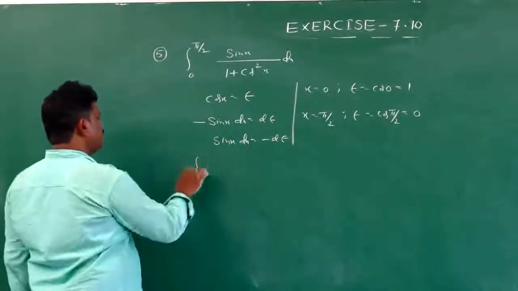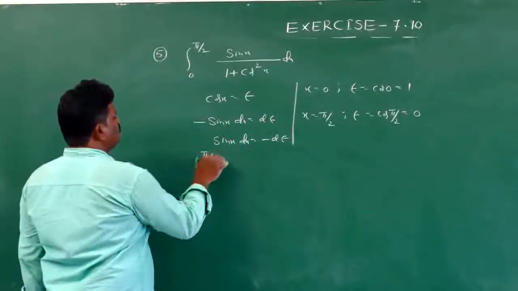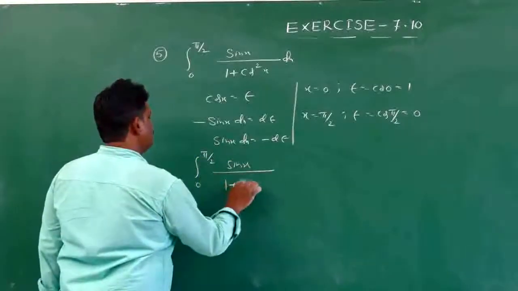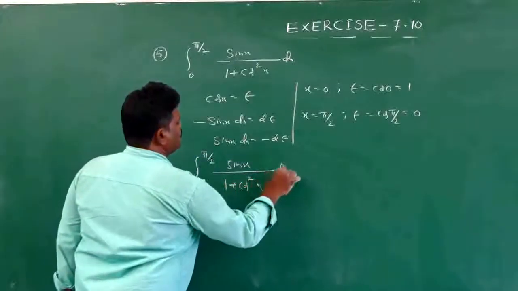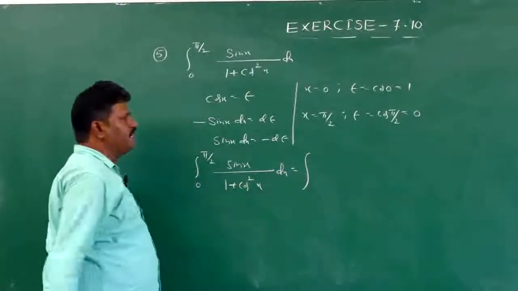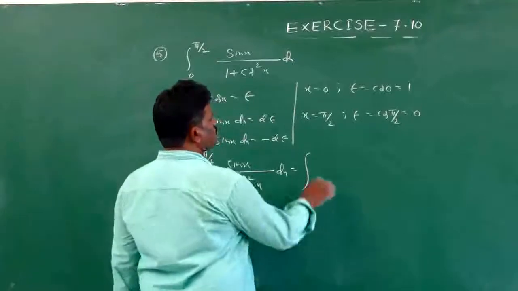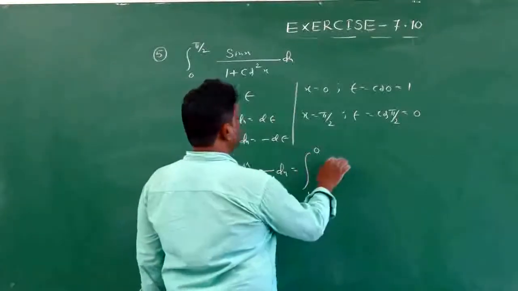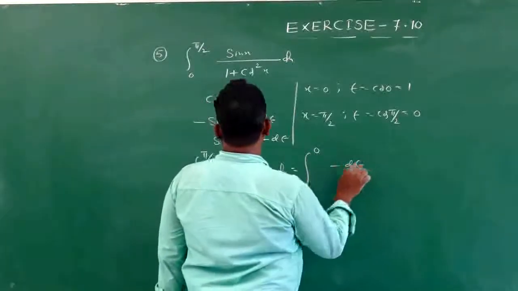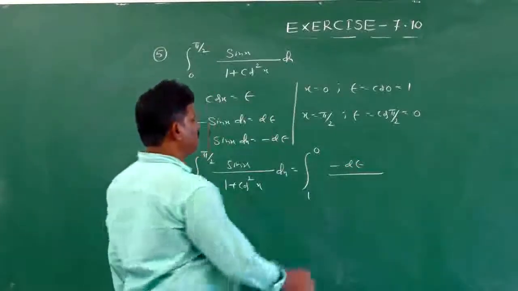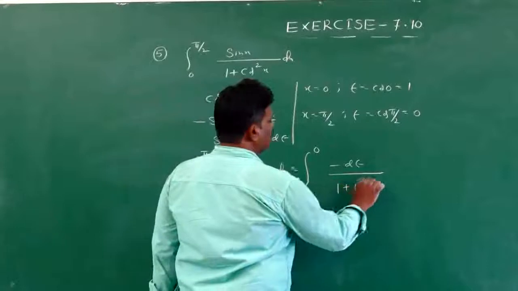Now the integral from 0 to pi/2 of sin x/(1 + cos² x) dx is equal to the integral from 1, that is, to 0, of −dt/(1 + t²).